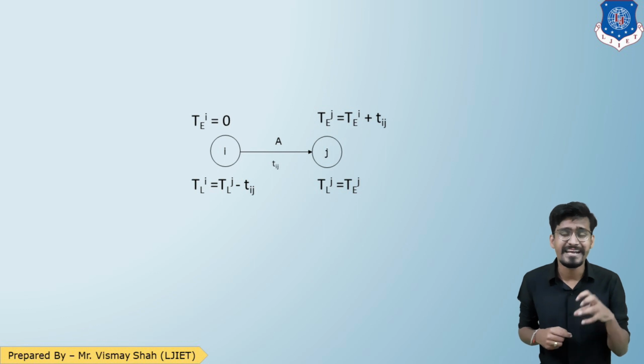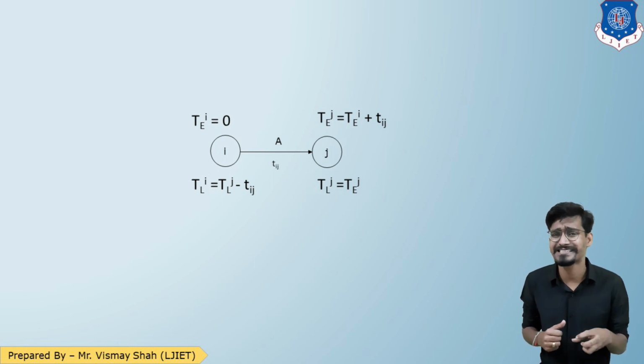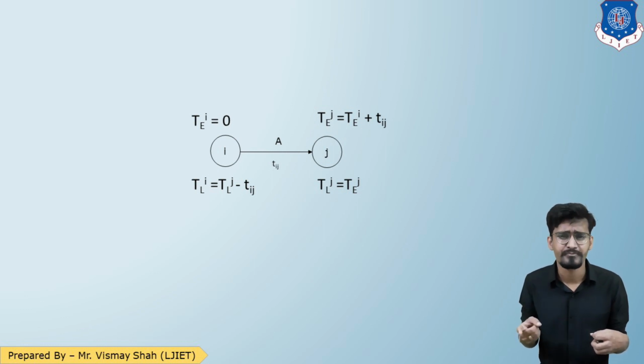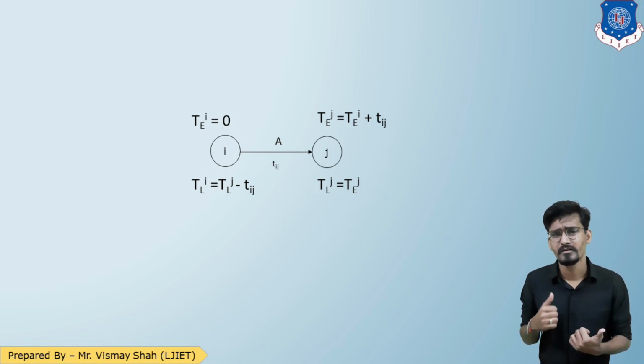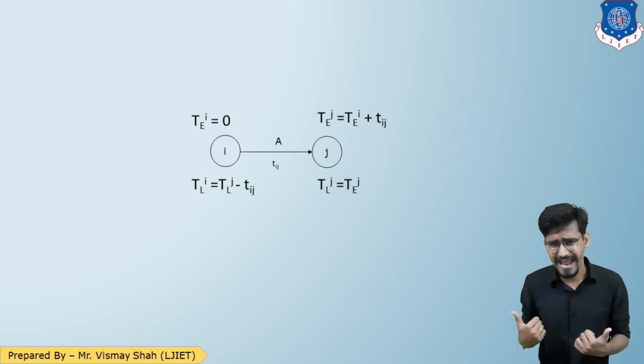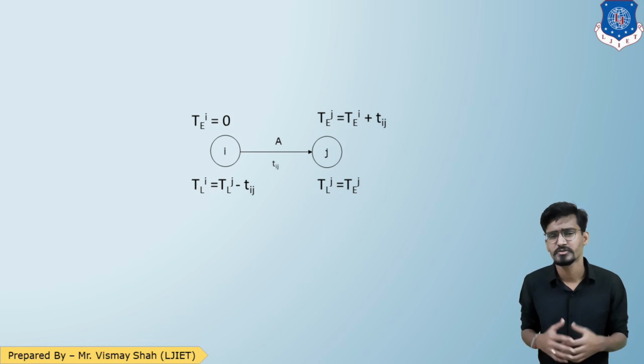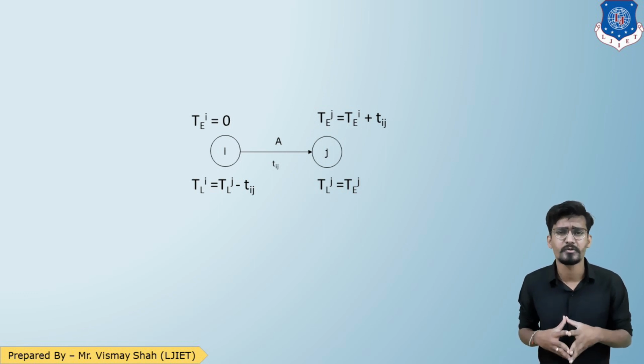So TEI is your EST, earliest start time. TEJ is your earliest finish time. TLJ is your latest finish time, and TLI is your latest start time. I hope we are clear up to this point.